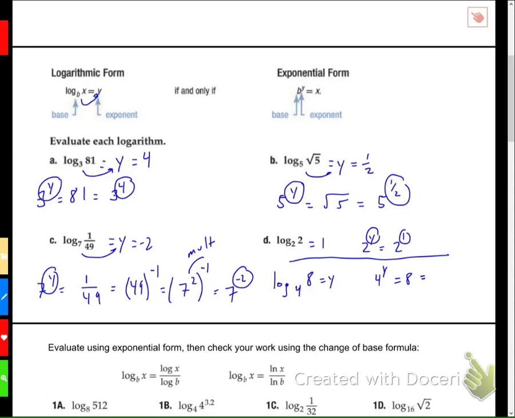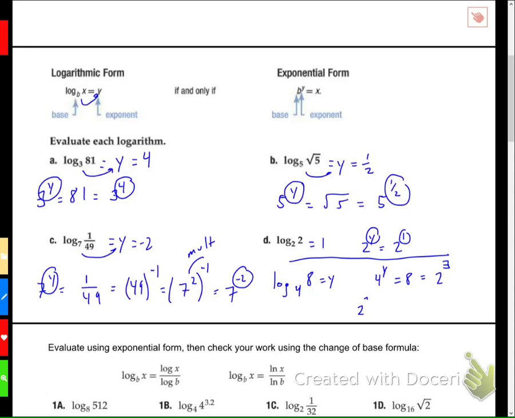You won't find any easy-to-guess power that you could raise 4 to in order to get 8. In fact, 4 squared is 16, which is too big. So instead I'm going to say that 8 is really 2 to the 3rd power, and I'm going to see if I can turn 4 into 2 to some power.